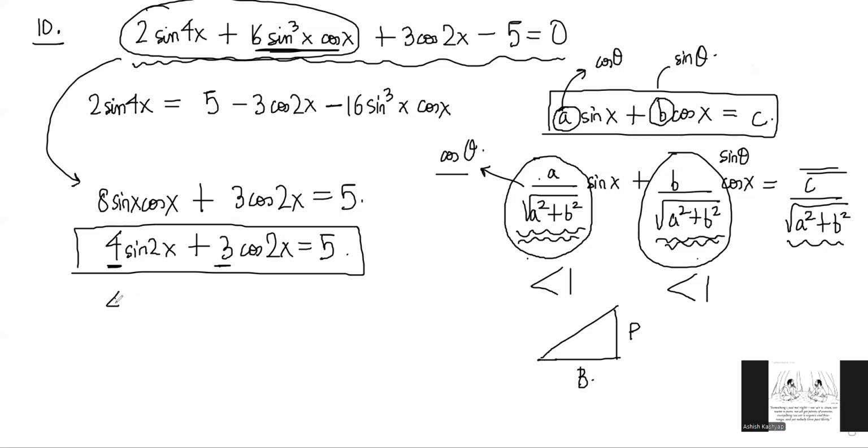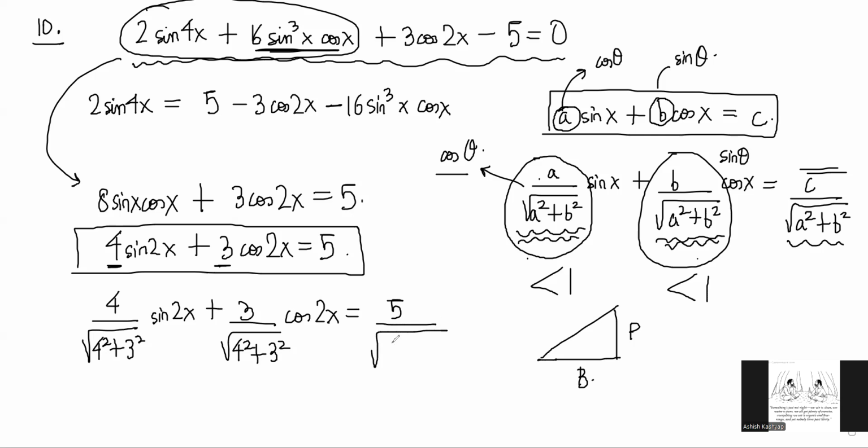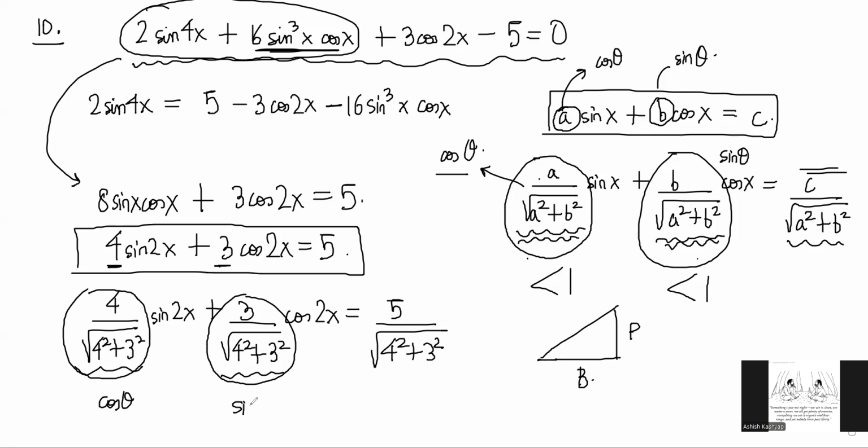But if you divide by root over 4 square plus 3 square everywhere, can we in a guaranteed way say that this number will be cos theta for some angle and sin theta for some angle? Yes, sir. So because it is becoming a number less than 1 and both the numbers are such that, they will automatically become cos theta and sin theta for some unknown angle theta, right?